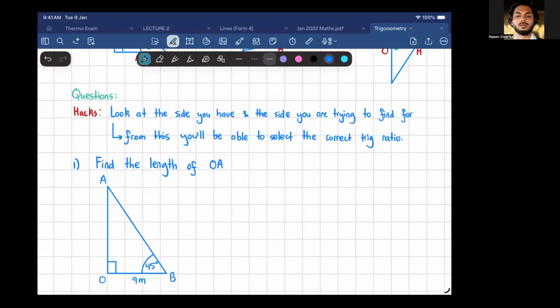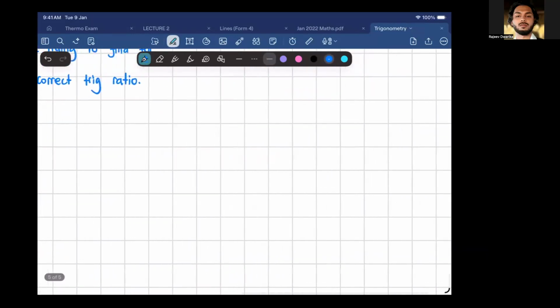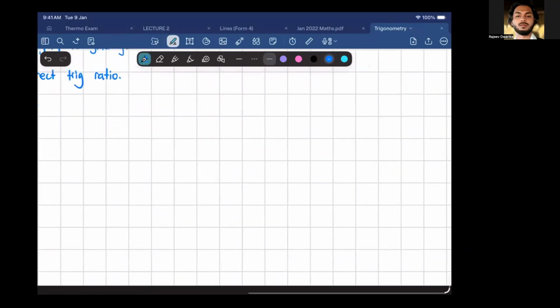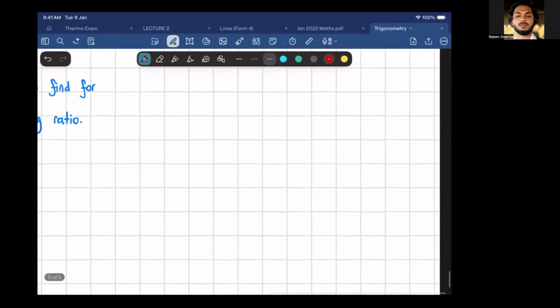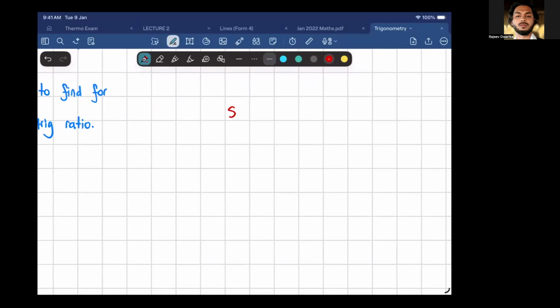Ria, you have everything copied down? Yes, sir. Okay, well, let me start. So before I do the question, let's just do a recap. There are three trig ratios you could choose from. And the way to remember it is SOH CAH TOA.